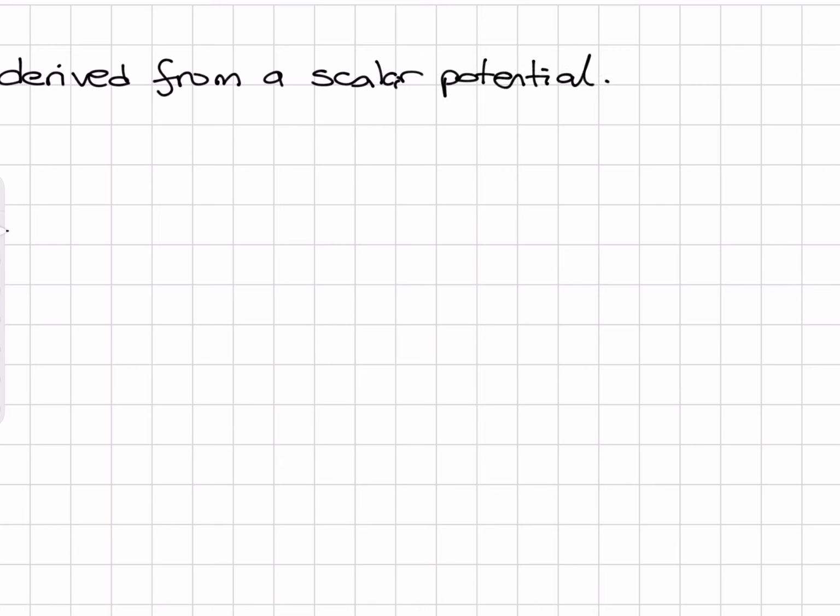Now, apart from doing this work on two different paths and showing that they're not equal, there is an alternative way of showing that F is a non-conservative force. Let's check the curl of F. Curl F is a determinant.